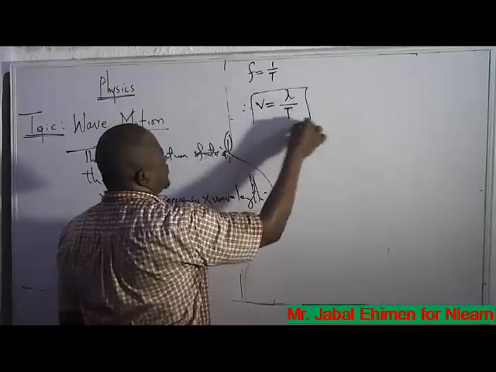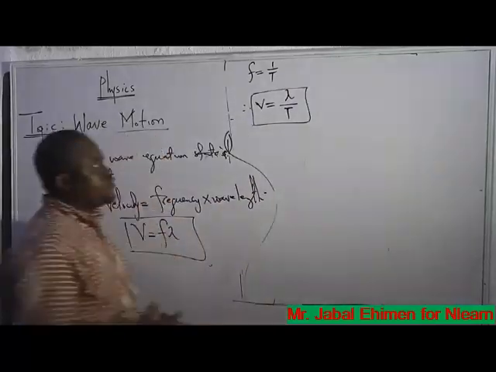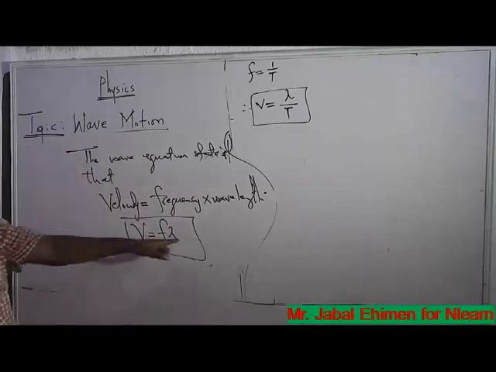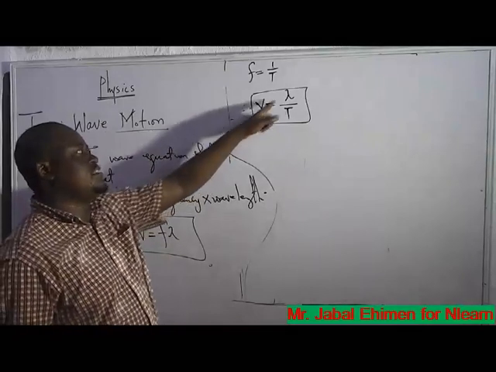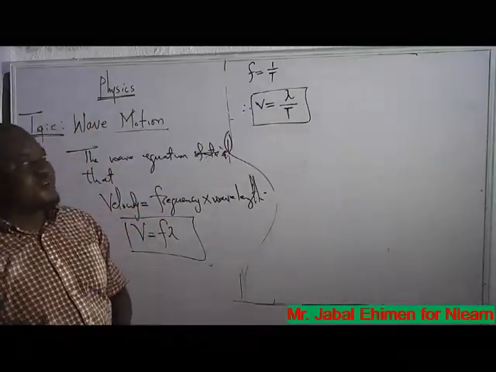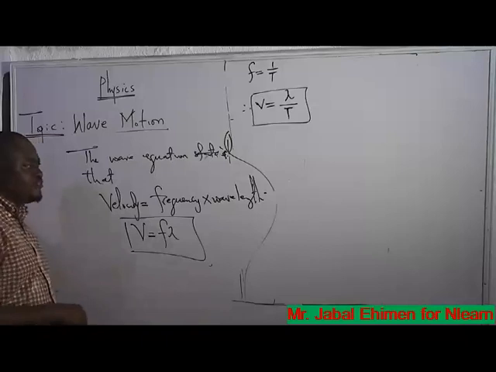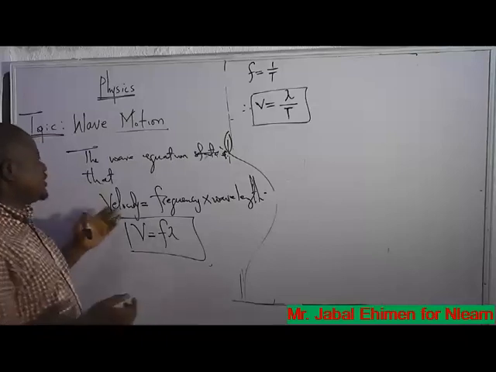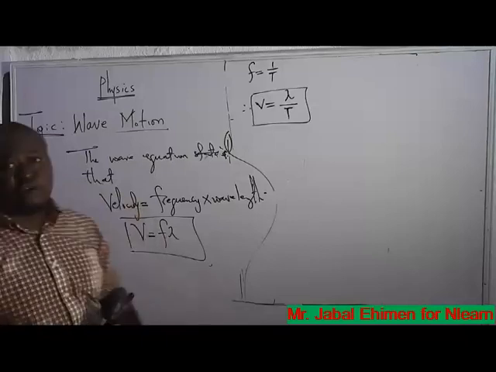This is very possible. So you can also say that V is f lambda and that V is lambda over t. So you can use any of them. So these are the equations of a wave.